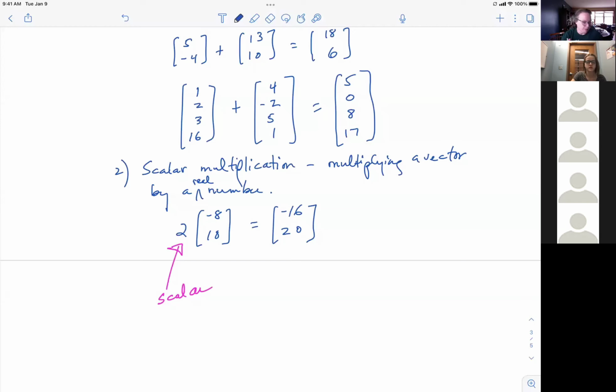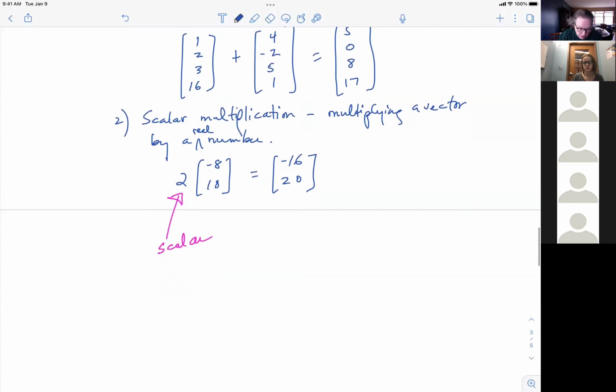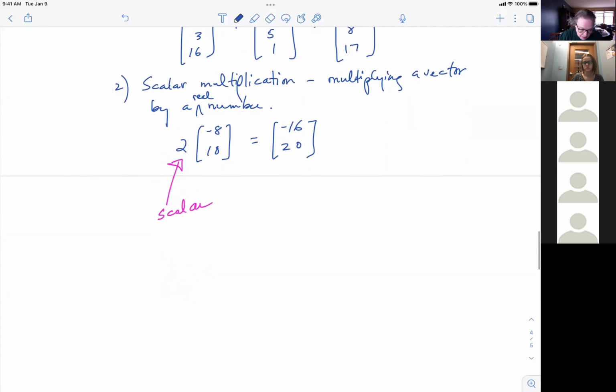Okay, so let's talk about some vectors in R2.